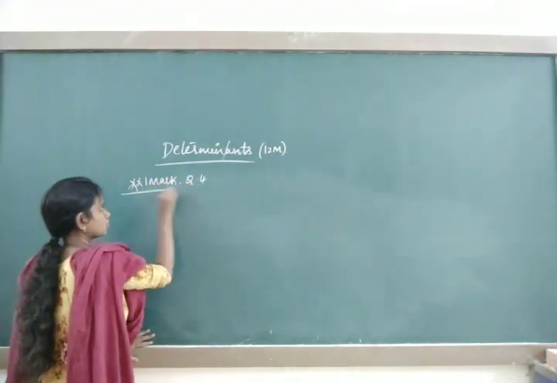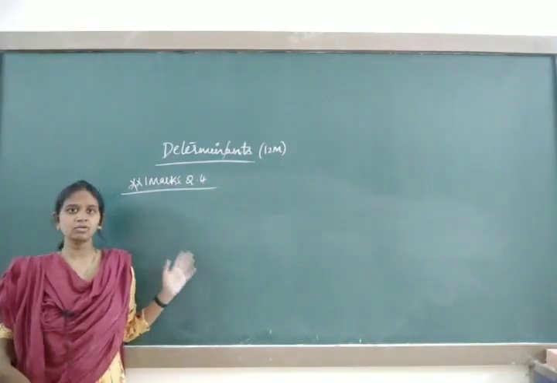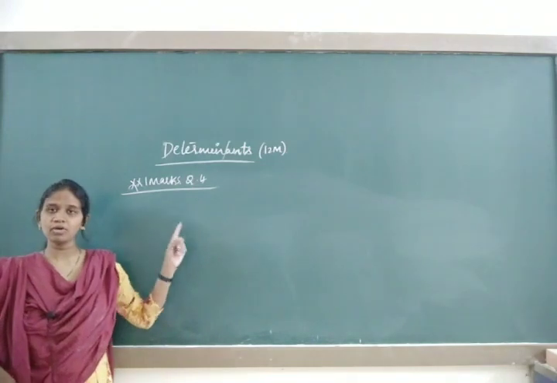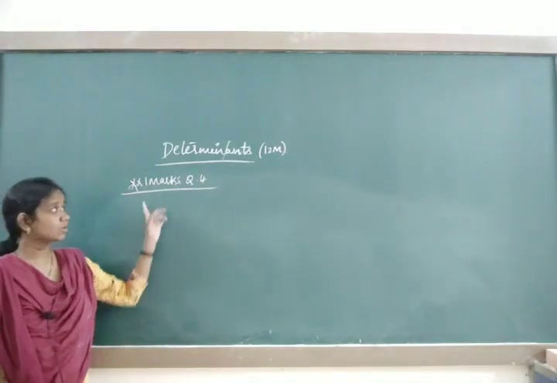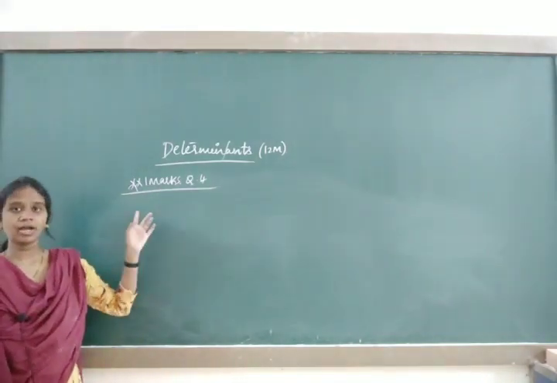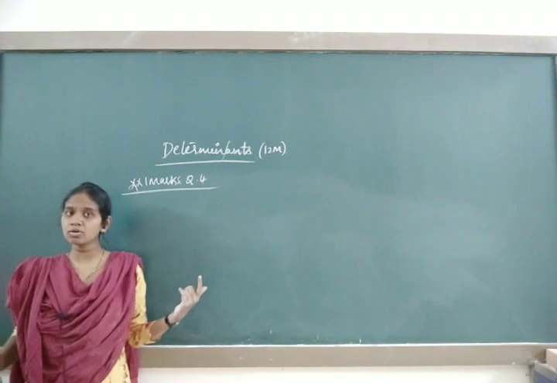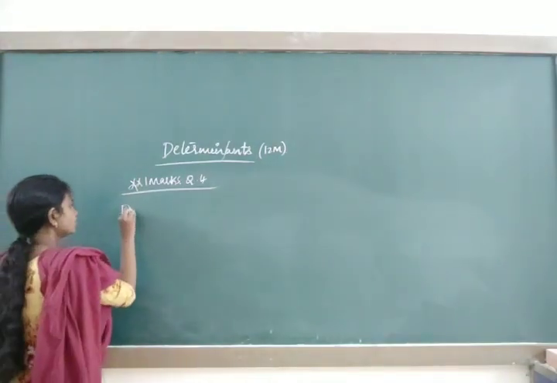Question number 4. Whatever questions I will take now, you are going to face for 1 mark on question number 4. Any one will be compulsory. I will take 2 to 3 problems. Any one you are going to face. That is a compulsory question. So write, evaluate.